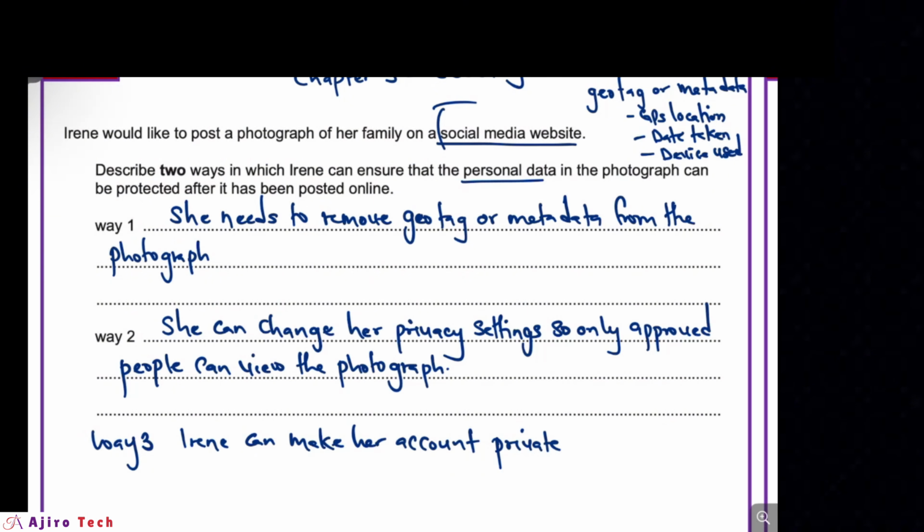That's access to her social media account, private. So she can do that. Okay, so hope this is clear.